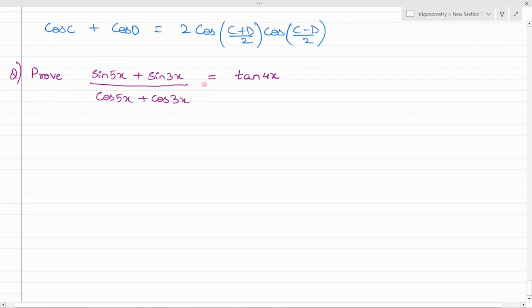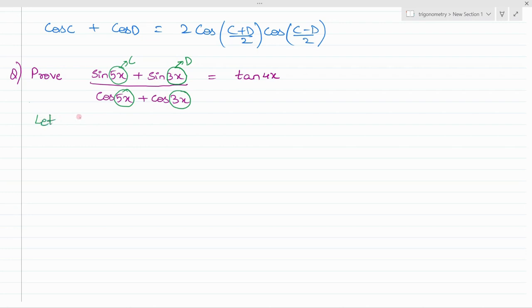Here we need to prove LHS is equal to RHS. In the numerator, you can observe that it is sin C plus sin D. Similarly, in the denominator it is cos C plus cos D. So the first assumption is let C be 5x and D be 3x.